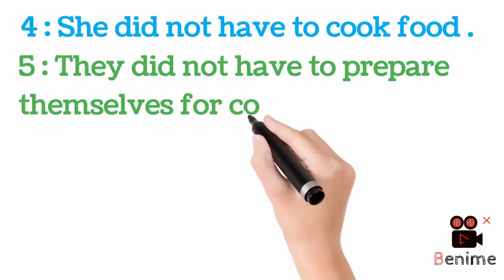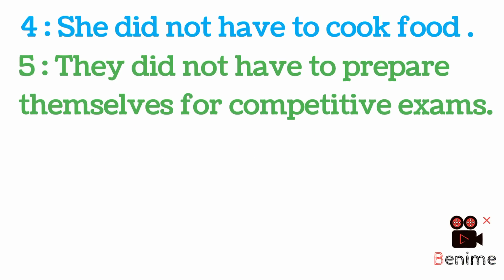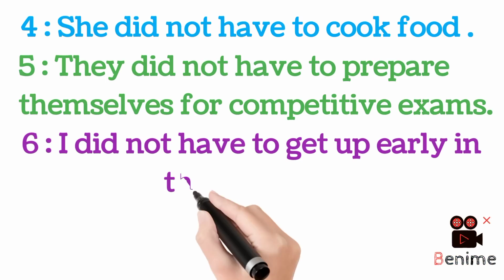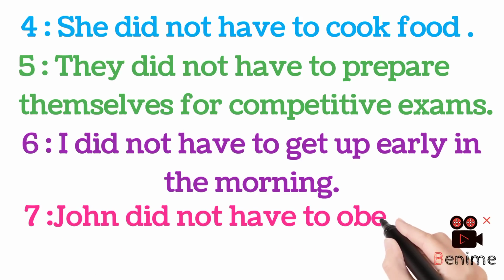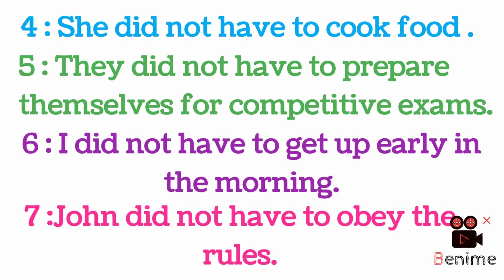Look at the fifth one. They did not have to prepare themselves for competitive exams. It means they didn't have any obligation to prepare themselves for competitive exams. Now look at the sixth one. I did not have to get up early in the morning. Now look at the seventh one. John did not have to obey the rules.